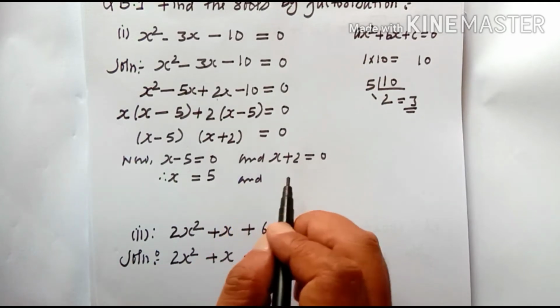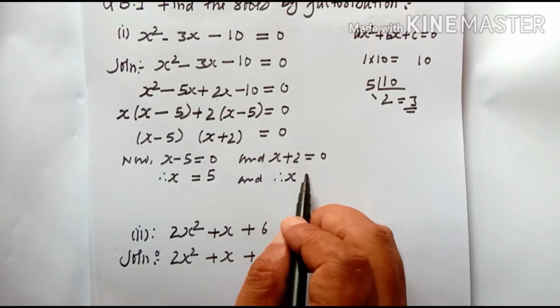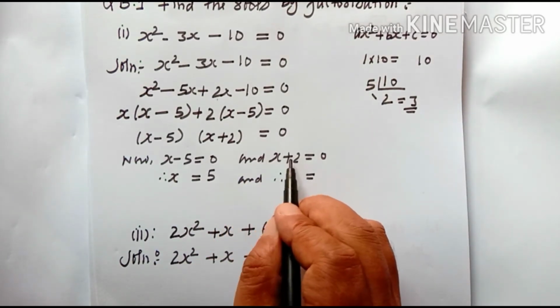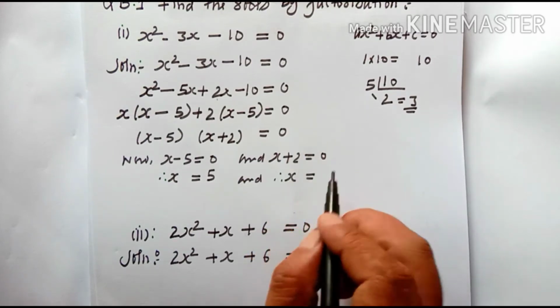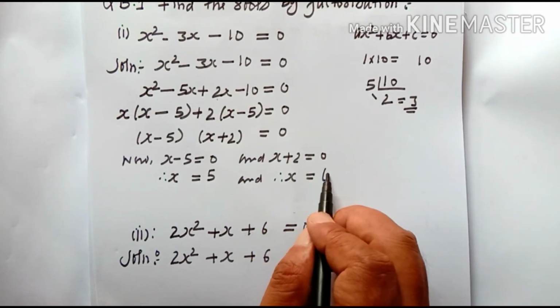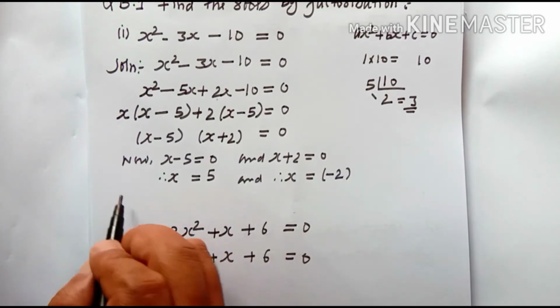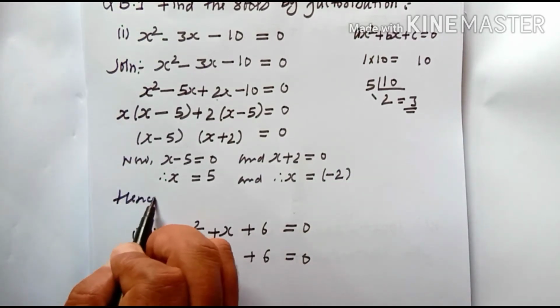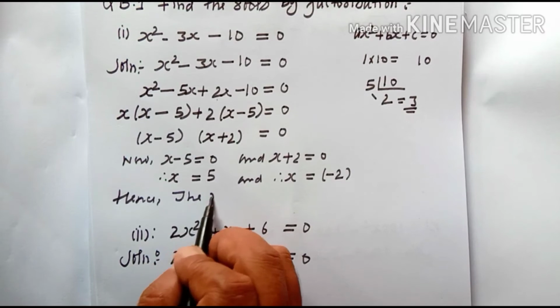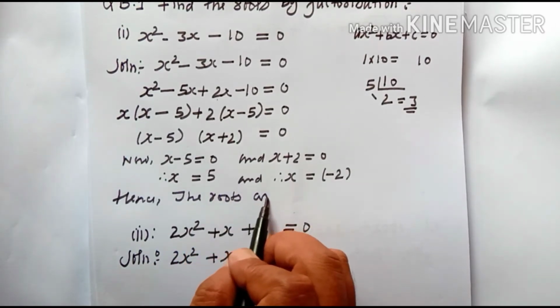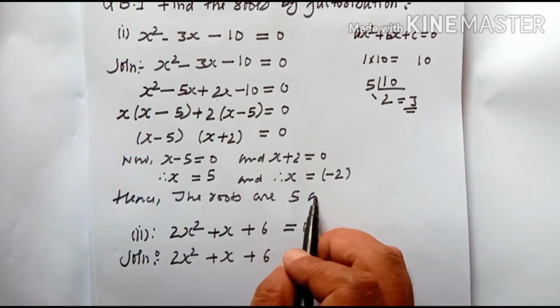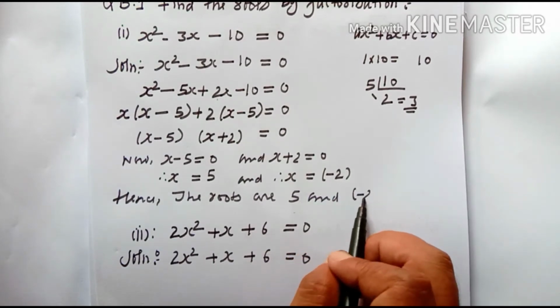And here, x equals, take this plus 2 from the left hand side to the right hand side. The sign will change, positive to negative. Hence we can say that the roots are 5 and minus 2.